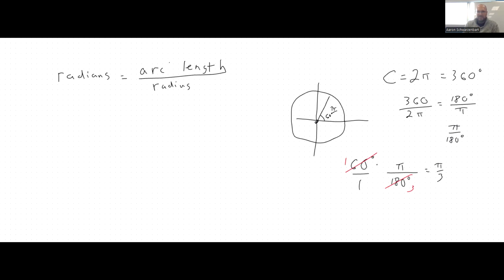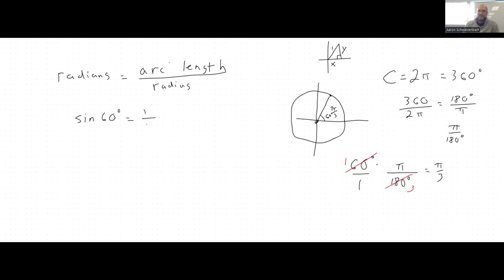If I want the coordinates of this point, I essentially have a triangle in here with a hypotenuse of length 1. If my calculator's in radian mode, I want to do radians. But if I want y and x, sine of 60, or pi over 3, equals y over 1.